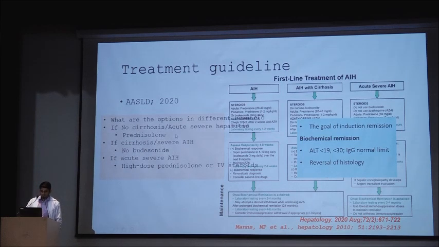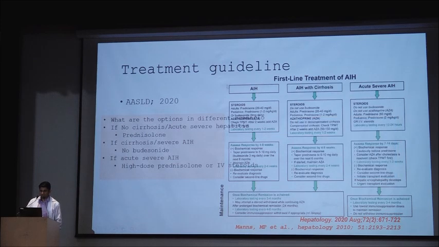Regarding the use of prednisolone, there is a specific population, patients with autoimmune hepatitis with cirrhosis. Here we cannot use budesonide instead of prednisolone, because budesonide in these patients carries an increased risk of portal vein thrombosis, and cases of HCC are also reported when we use budesonide in patients with autoimmune hepatitis and cirrhosis.